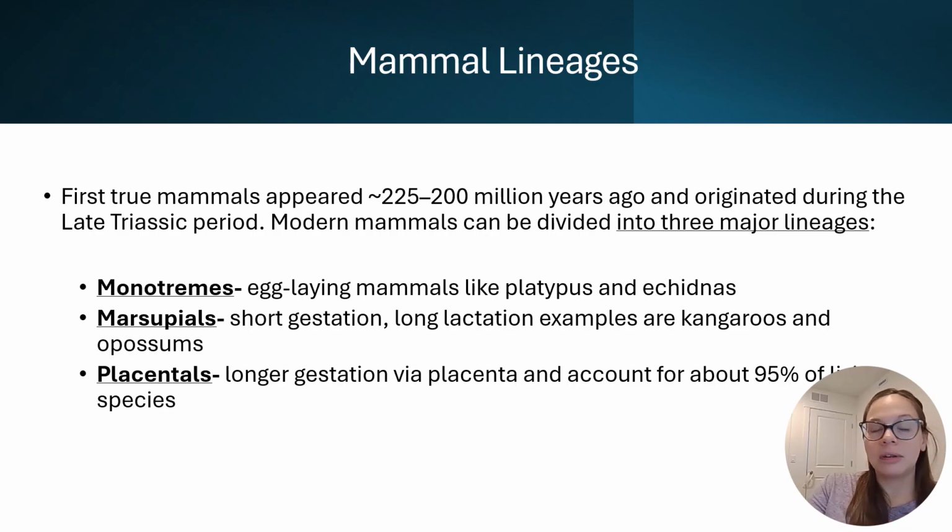And it just goes to show that even though mammals vary enormously in size, behavior, and habitat, they form a single evolutionary lineage that has been divided into three lineages and have basically successfully colonized nearly every environment on Earth doing so.